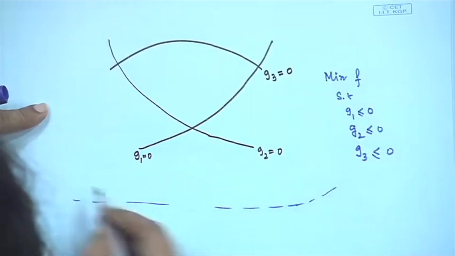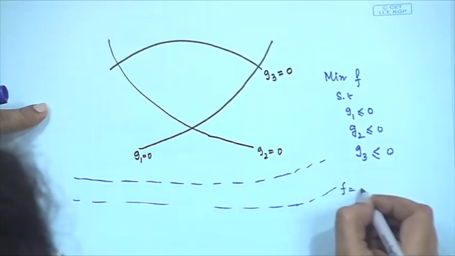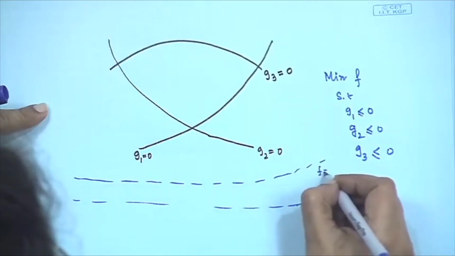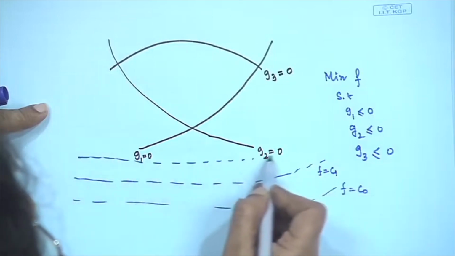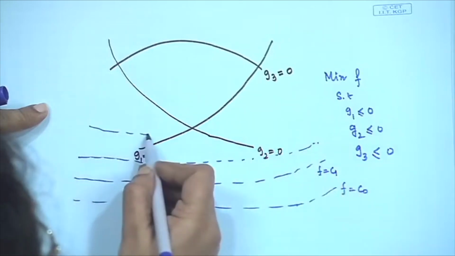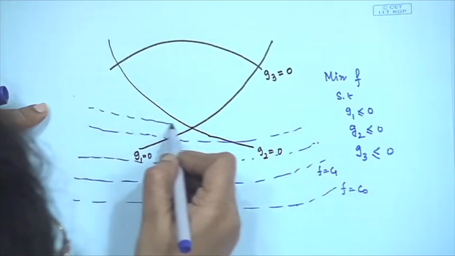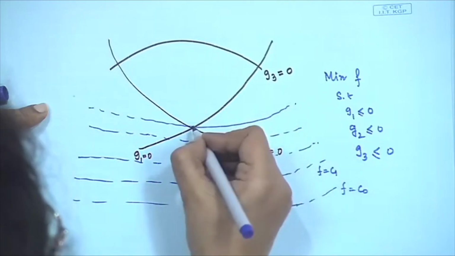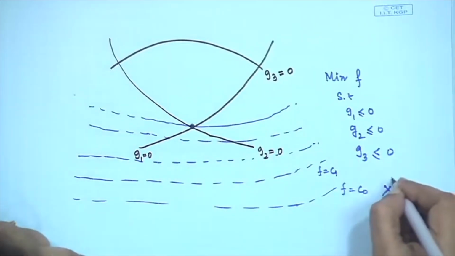If this is the level curve of the objective function f, that means the objective function value is increasing in this direction, and once the objective function comes here, we get the optimal solution x star.